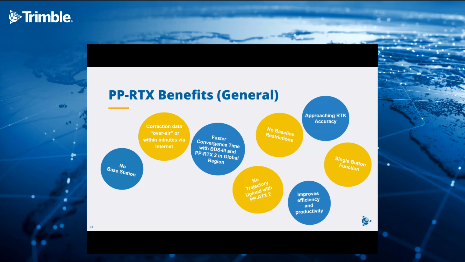In any case, you need to think about your baseline length and whether this is okay in order to cancel out all the GNSS errors. But as soon as you use PP-RTX, you don't need to think about that anymore. And we have worldwide coverage. So wherever you are in PP-RTX mode, you can process your rover data.